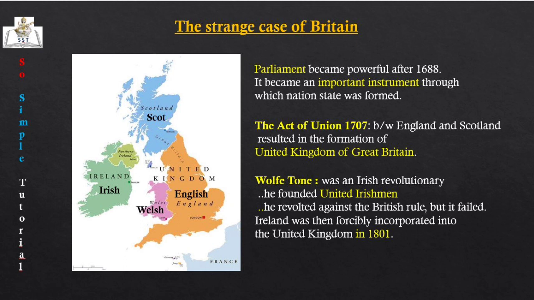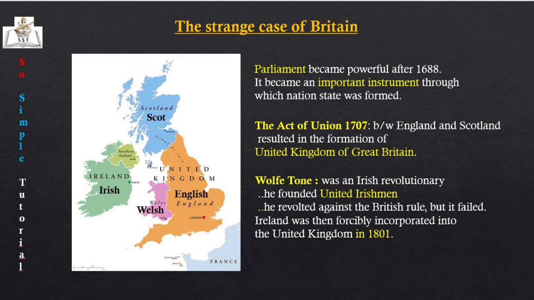Out of these groups, the English nation grew in wealth and power more than others because of trade and commerce, manufacturing, etc. So, they were able to extend their influence over the Welsh, Scot and Irish and form themselves into a single nation. After the Glorious Revolution of 1688, the British Parliament became more powerful.